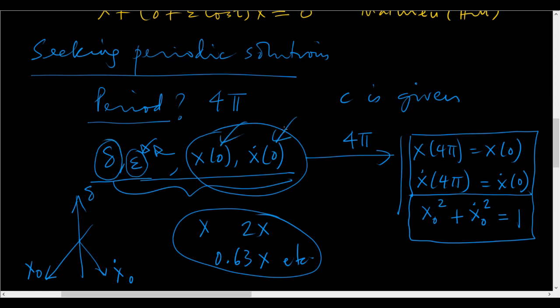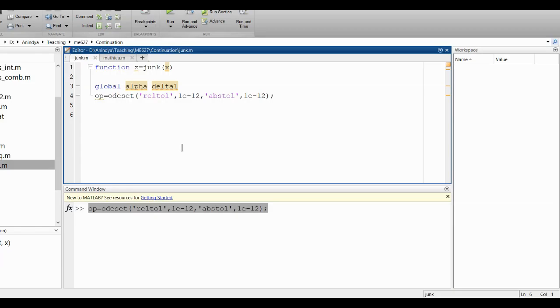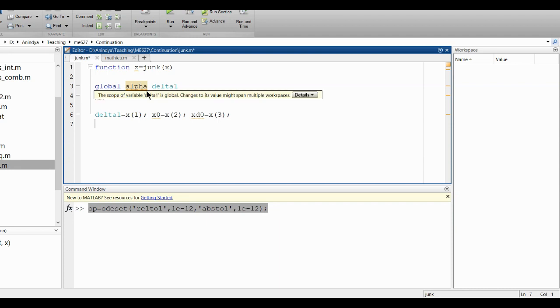With this thought, let us go back to MATLAB now, and what we will say is, let's see, delta 1 equals x1, x0 equals x2, xd0 is equal to x3, and alpha is going to become epsilon in the solution.